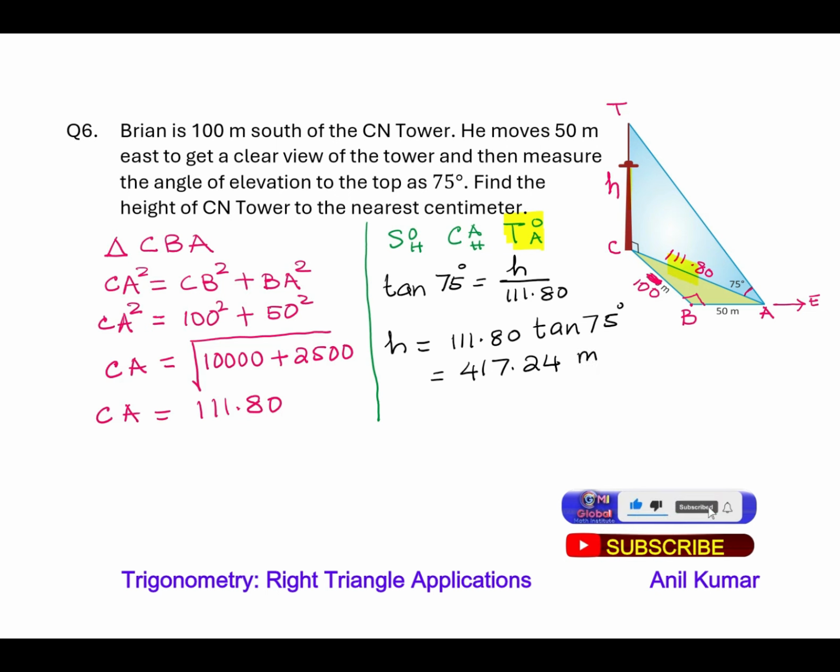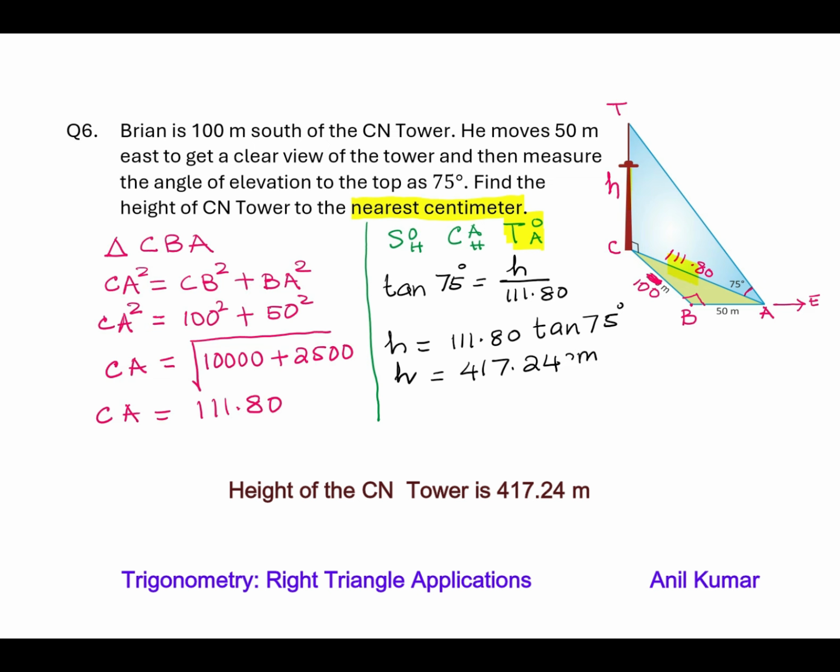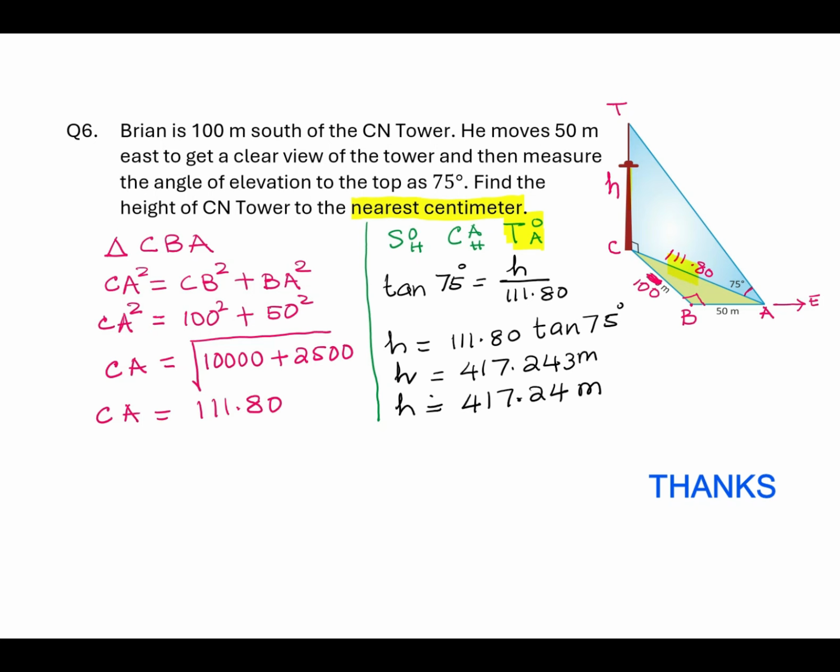We want to write it to the nearest centimeter, right? So that is how we are going to round and write down our answers. So I'm writing this height as 417.24 meters. You get the idea. So we have rounded to the nearest centimeter, the hundredth of a meter. Perfect. So that is how we are going to solve this question. I hope the steps are absolutely clear. Thank you.